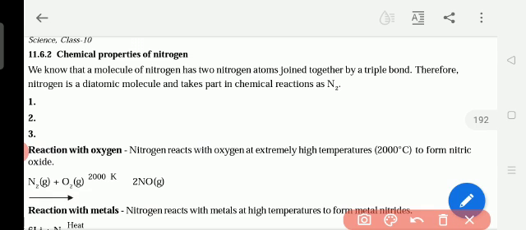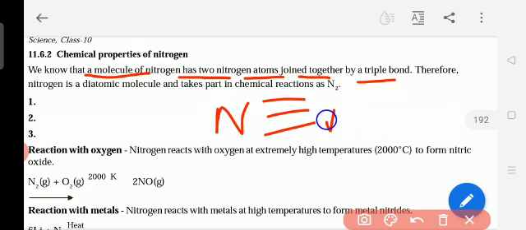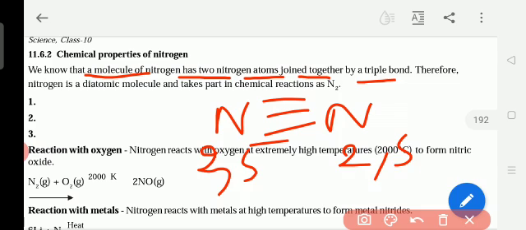We know that the molecule of nitrogen has 2 nitrogen atoms joined together by a triple bond. The configuration is 2,5 and 2,5. Each bond shows a share of how many electrons? This side 1 electron, this side 1 electron, and this bond also shows 1 electron from each side.